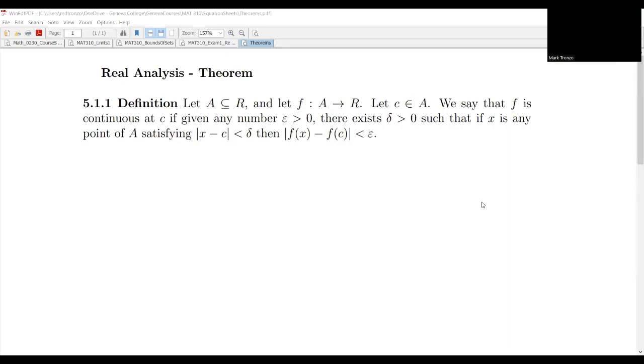We're now going to talk about continuity and consider this definition.